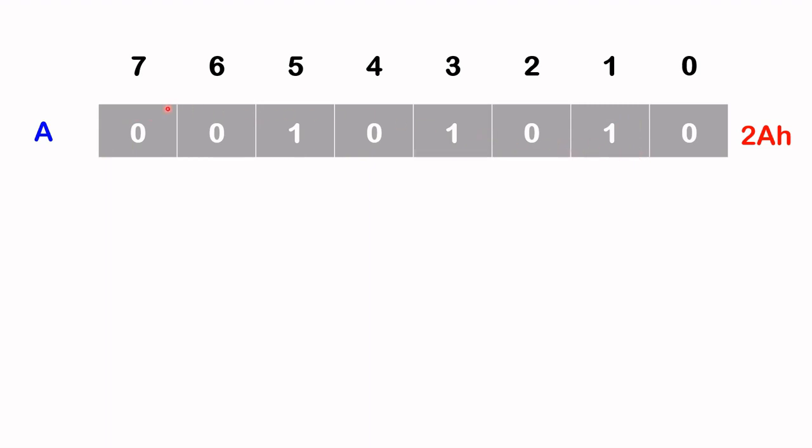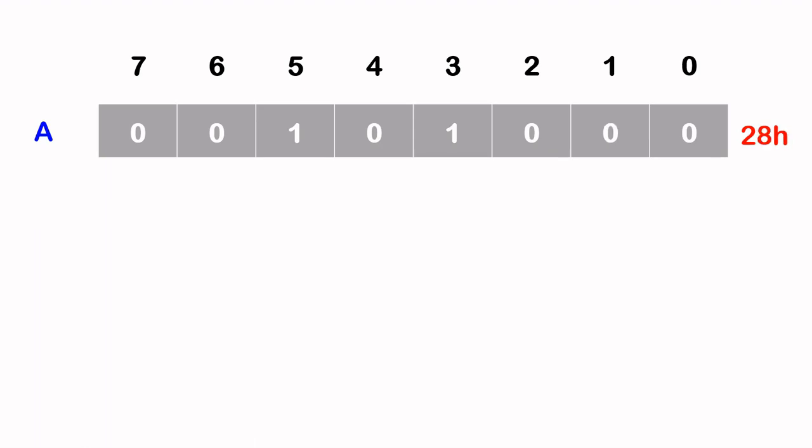It doesn't work for any other register. So if we copy 2A hexa into the accumulator, the binary of 2A hexa would be 0, 0, 1, 0, 1, 0, 1, 0. And if you count the number of ones, there are 3, so this is an odd number, and so the P flag will be set to a 1.